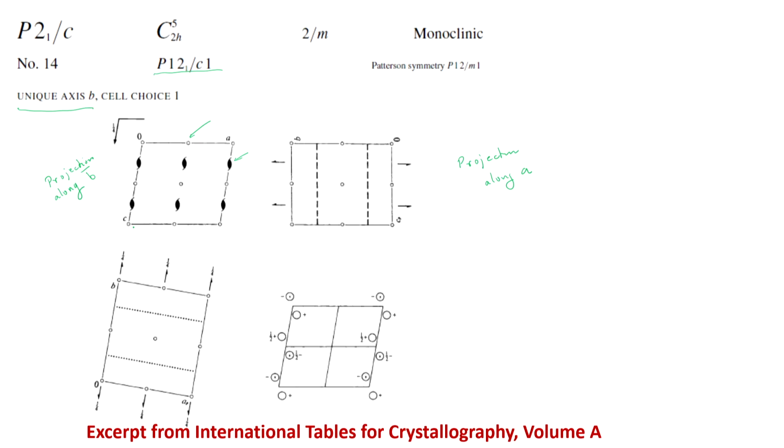Now, if I do a projection along A, where this is my origin, this is the B axis and this is the C sub P axis, the projected C axis. So, the glide plane is essentially parallel to the AC plane, and that is why in this figure the glide planes will be perpendicular to the figure. So, the glide planes, and the glide direction is along C.